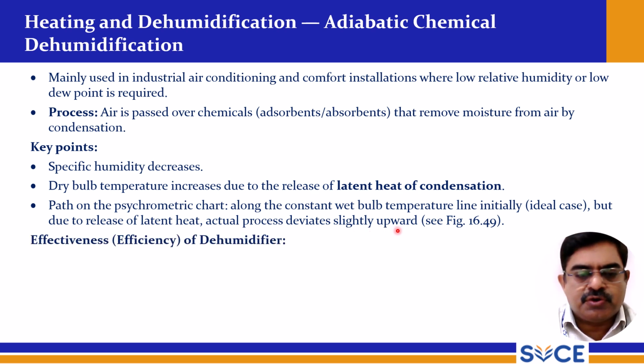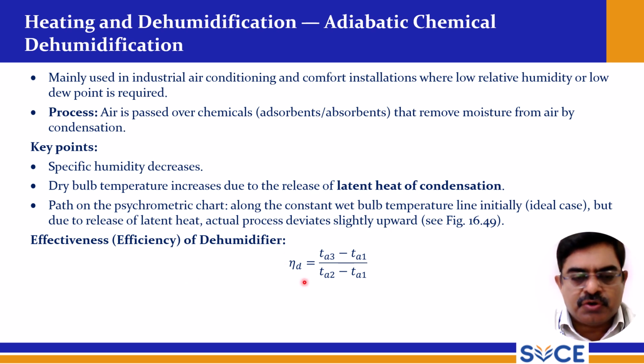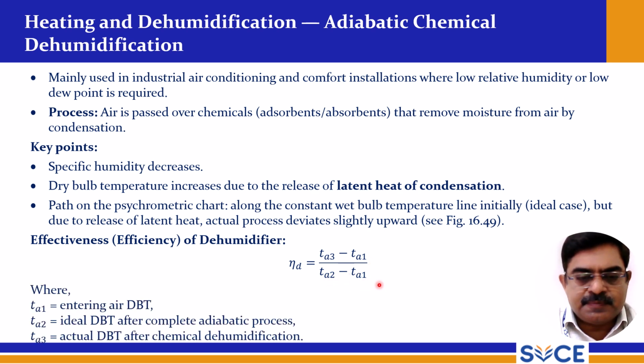I will show you that in the figure. The effectiveness or efficiency of the dehumidifier equals Ta3 minus Ta1 divided by Ta2 minus Ta1, where Ta1 is the entering dry bulb temperature, Ta2 is the ideal DBT after a complete adiabatic process, and Ta3 is the actual DBT after the chemical dehumidification process.